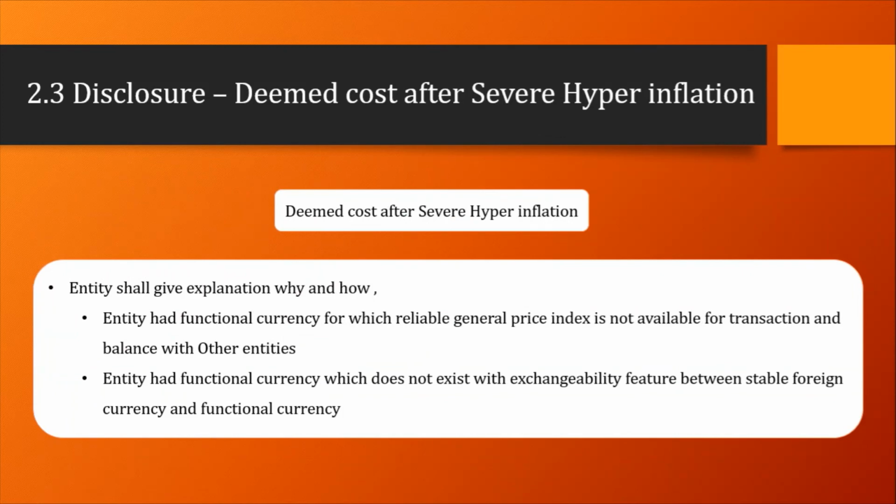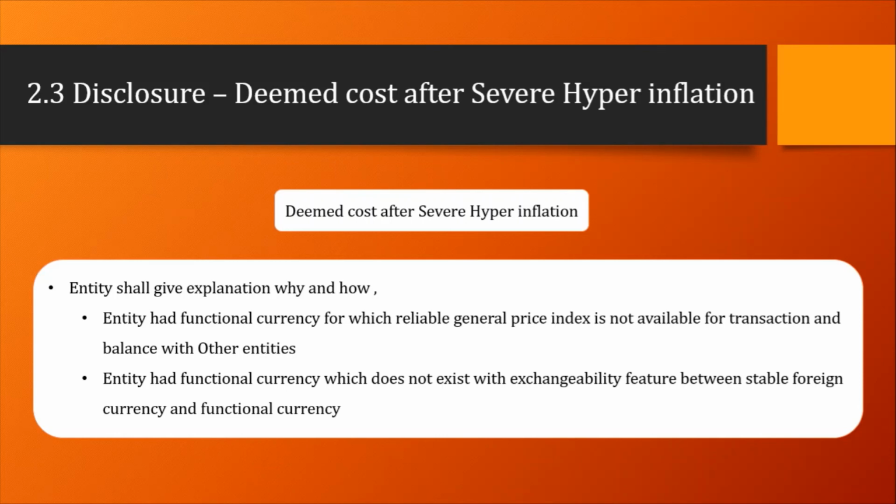Topic number 2.3, disclosure, deemed cost after severe hyperinflation. If the company has elected to measure its assets and liabilities at fair value and use that fair value as deemed cost in its opening Ind AS balance sheet, then because of severe inflation they have to give additional explanation.